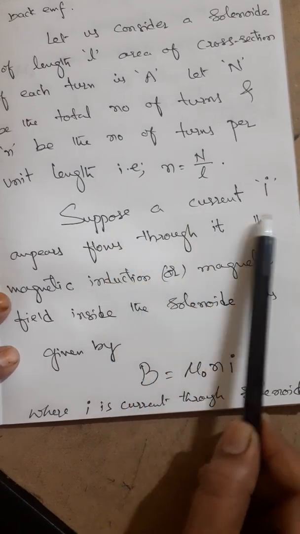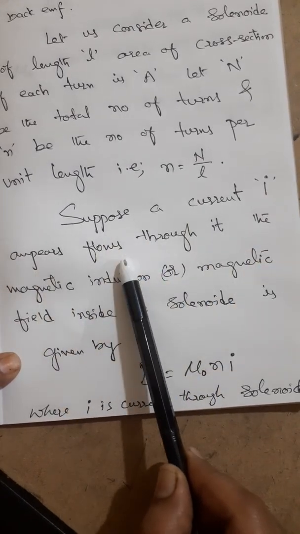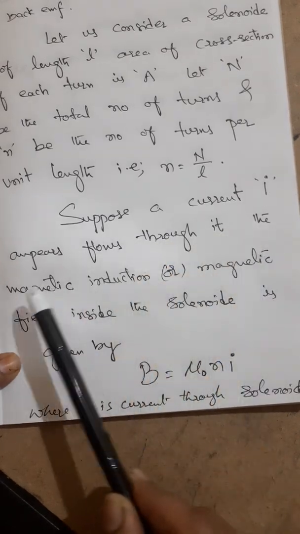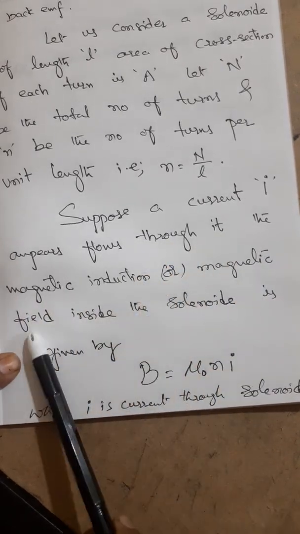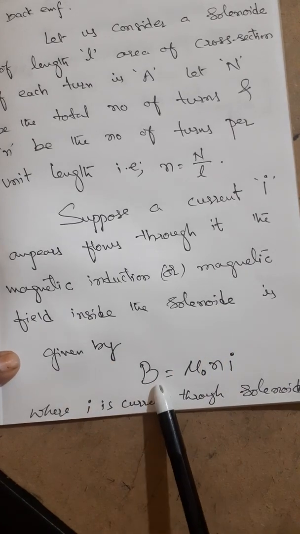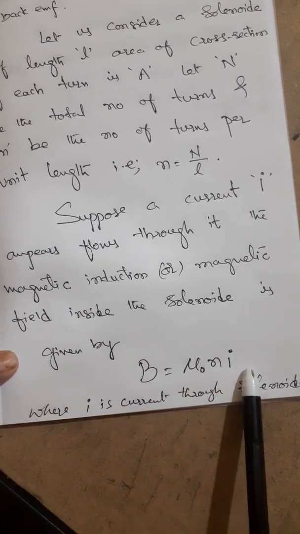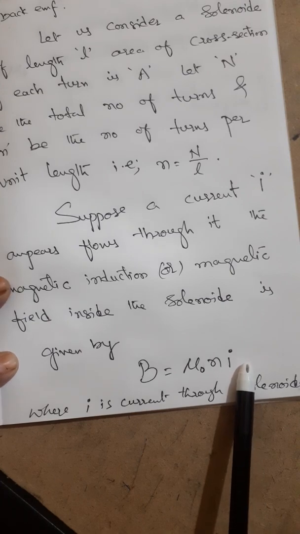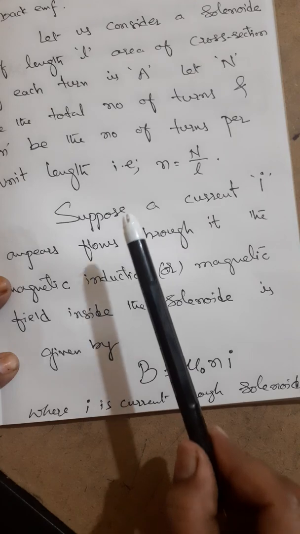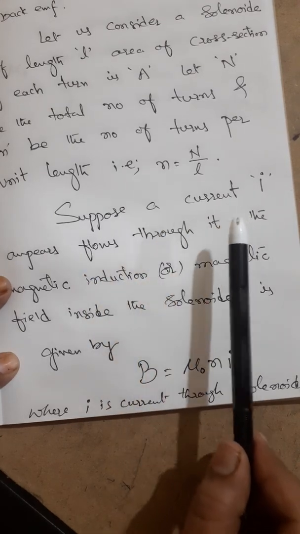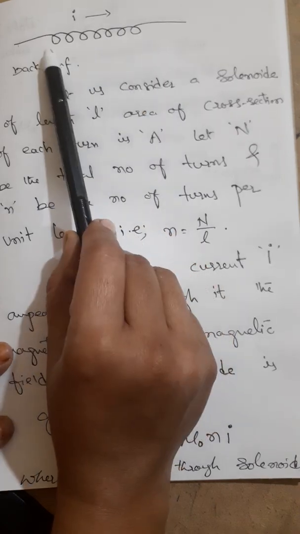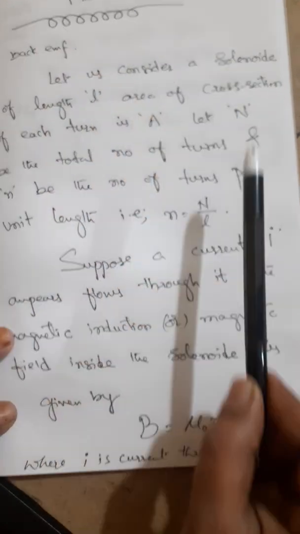Suppose a current I amperes flows through it. Then the magnetic induction or magnetic field inside the solenoid is given by B is equal to mu naught n I. We know that according to Faraday's law of electromagnetic induction, whenever a current flows through the solenoid, a magnetic field is set up in the coil.